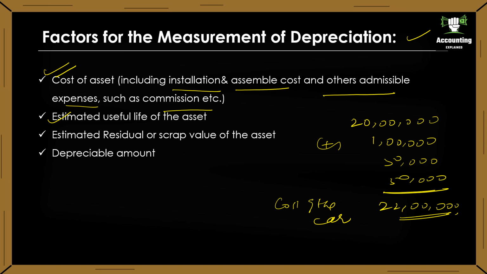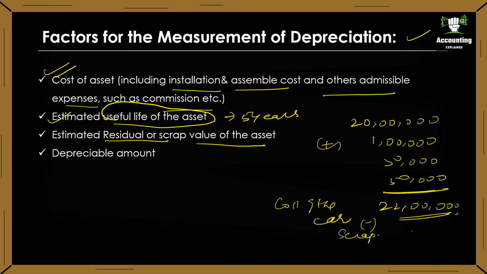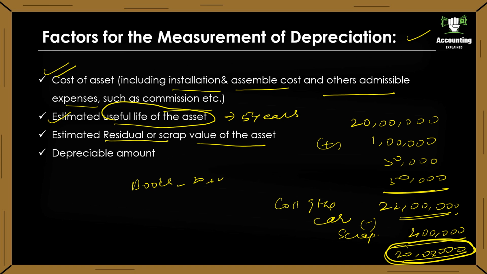Estimated useful life of the asset. This is very important. Here, what is the estimated useful life of the asset? We saw 5 years. Estimated residual or scrap value of the asset. If the scrap value of the asset after 5 years we are assuming as 2 lakhs, then this should be deducted, and the cost of the car which we will be taking in our books will be 20 lakhs if we have a scrap value.